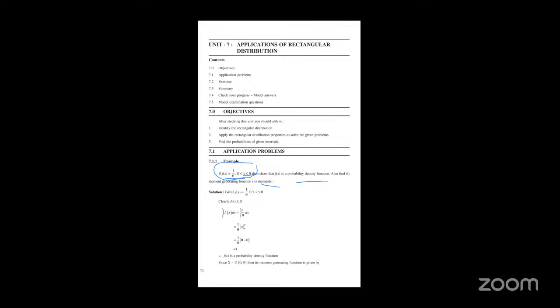First, from the example, given f of x is equal to 1 by theta, where 0 is less than or equal to x, and x is less than or equal to theta. Clearly we can say f of x is greater than or equal to 0. Then we take the integral of f of x.